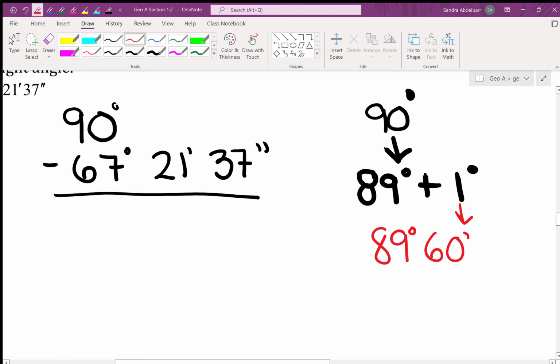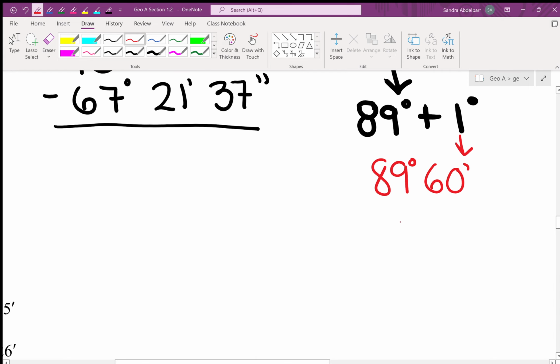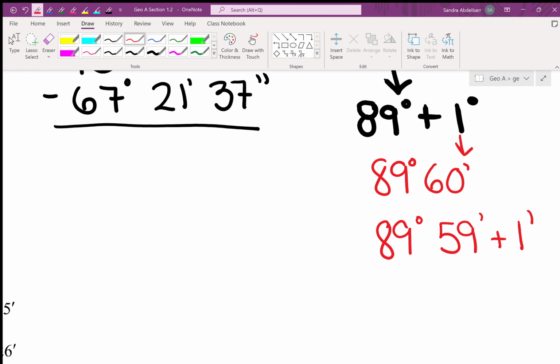All right, but now we don't only want degrees and minutes. What do we want? We want degrees, minutes, and seconds. So now I'm going to keep that 89 the way it is. I'm going to take that 60 minutes and I'm going to change it into 59 minutes plus 1 minute. So it's still 60. I'm not changing the value, but then I'm going to take that 1 minute and change it into 60 seconds. Better?